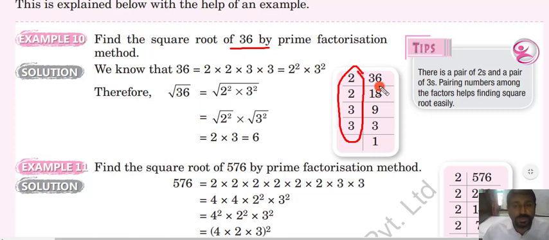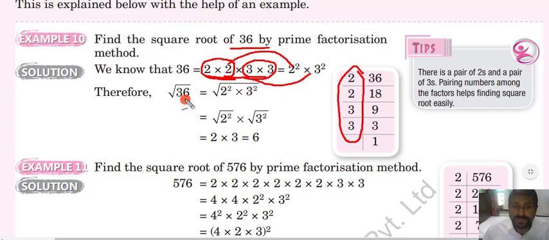So starting from the number 2, I am getting 18, again dividing it by 2, I am getting 9, then I start from the number 3, and again another 3. So we can write 36 as 2 into 2 into 3 into 3. Now as we have studied powers and exponents, 2 into 2 can be written as 2 square, and 3 into 3 can be written as 3 square.